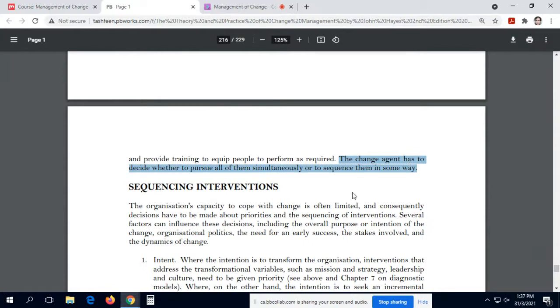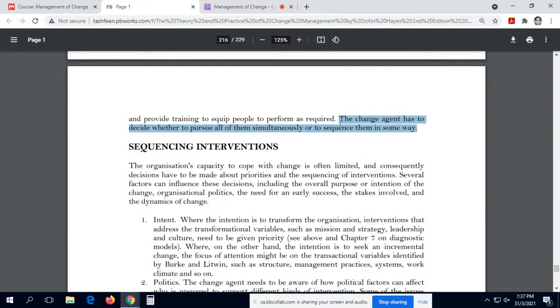So please reflect on that whenever you get the time. Look at this. The change agent has to decide whether to pursue all of them simultaneously or to sequence them in some way. It does not have to be that you definitely have to sequence them, because there are many activities which you want to do simultaneously, and that makes things easier.